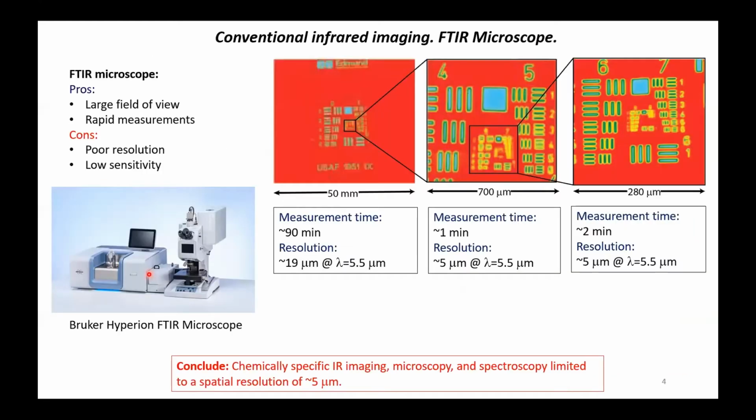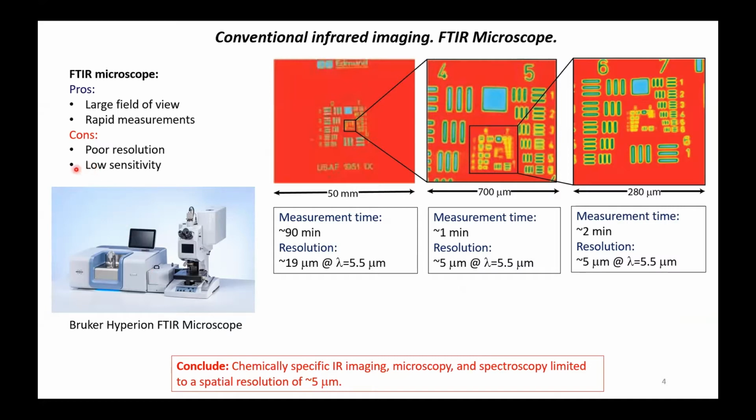So what we're interested in is infrared imaging, the infrared region of the spectrum. The reason behind it is that infrared light gives you chemical specificity, and imaging is quite easy and fast. FTIR microscopy and FTIR spectroscopy is a well-established analytical area, so it's well understood.